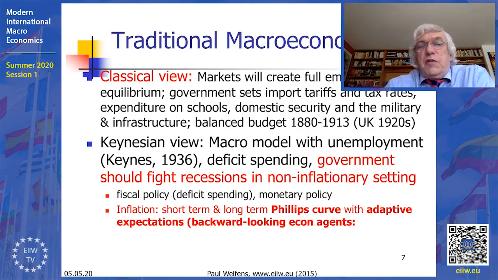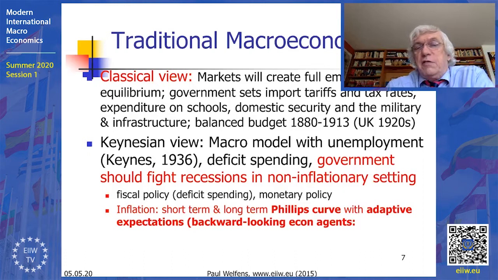Okay, so we are interested, I would say, here then in fiscal policy and monetary policy, fiscal policy in the recession associated with deficit spending. And as regards the inflation rate, if we take a look at the inflation rate in a Keynesian perspective, we would start with a short-term Phillips curve, and then also in a neo-Keynesian perspective, take into account what Milton Friedman said.